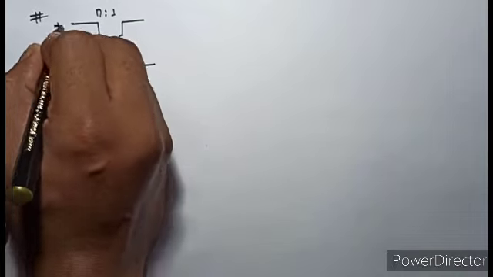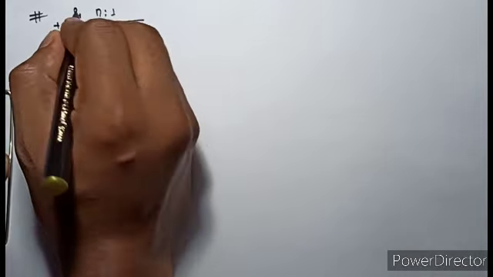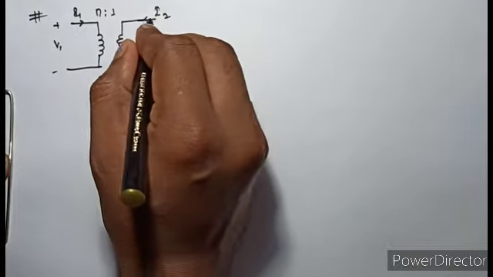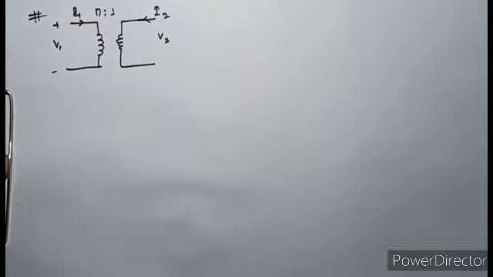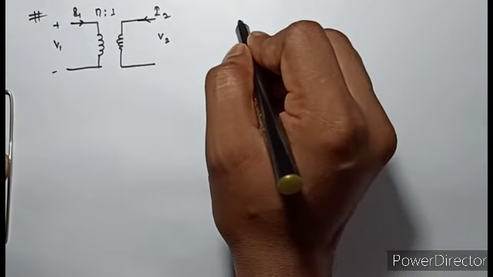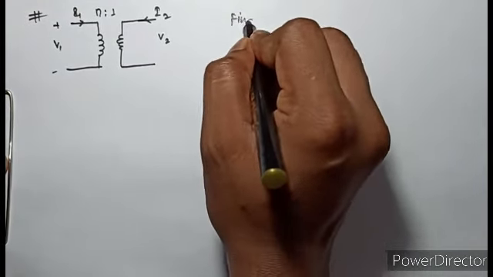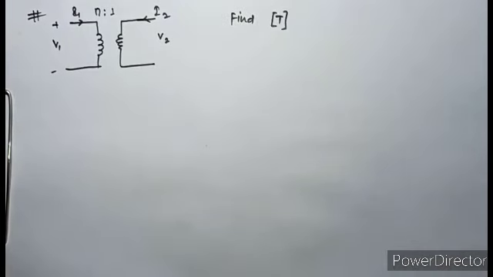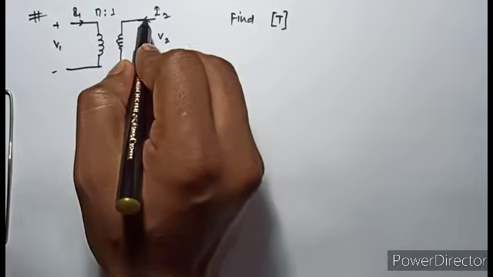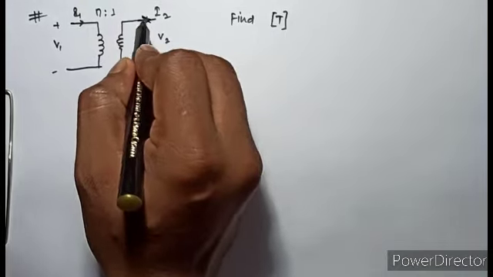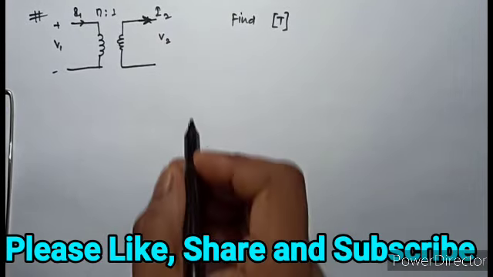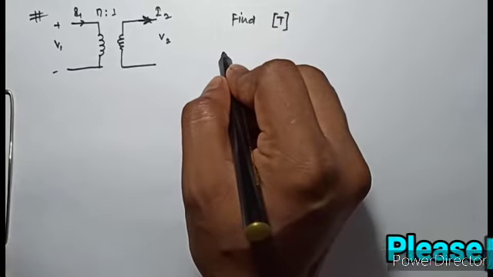This is our V1, I1, and this is our V2, I2, and it is asked to find its T parameters. Now see, when we find T parameters, we generally assume that the current is leaving the port.